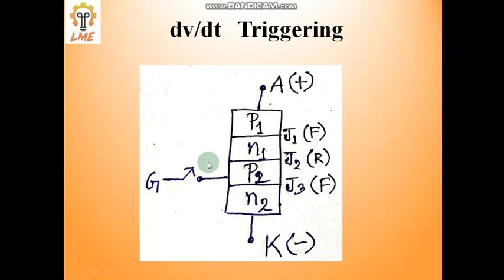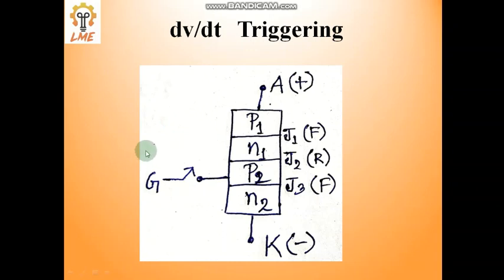But before applying 800 volts, suppose for a very short period of time we apply a voltage from 0 to 600 or 700 and back to 0 in a very small fraction of time. Means if we give pulses, for a very short time a very high peak value of voltage, maybe that voltage is less than the forward breakdown voltage, but even for a very short period of time, that may also break down this junction 2.